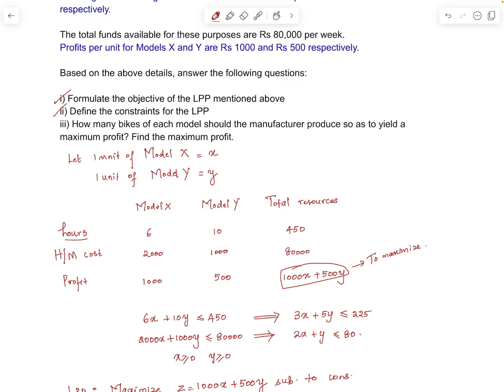The third question: how many bikes of each model should the manufacturer produce so as to yield a maximum profit? Find the maximum profit.